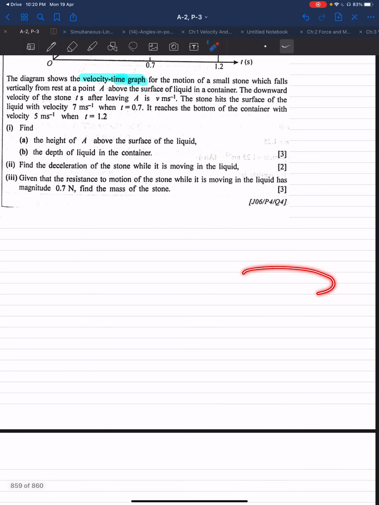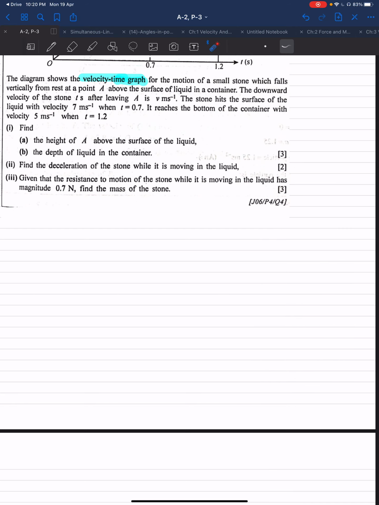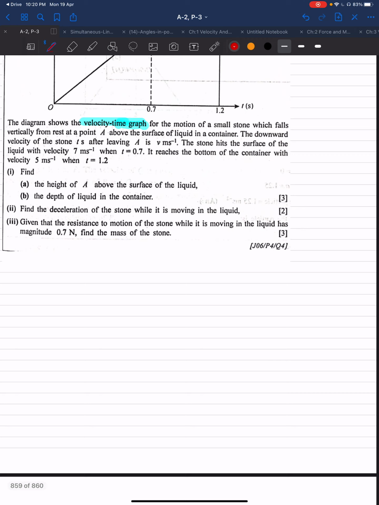This is the container, and this is the surface, and there is a point A above, from where the stone is dropped, right? And it touches the surface, and then it went down to the bottom of the container, right? This is the situation. So let me make a small diagram for you.